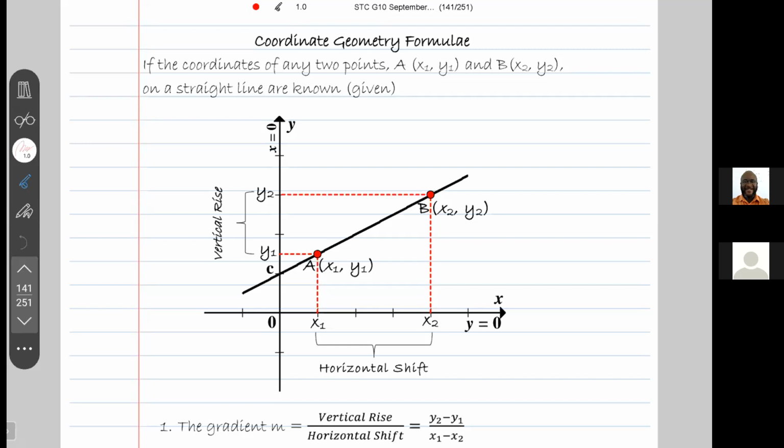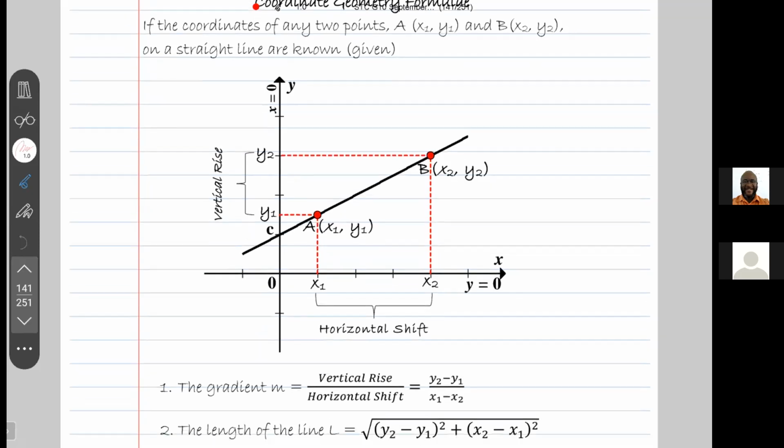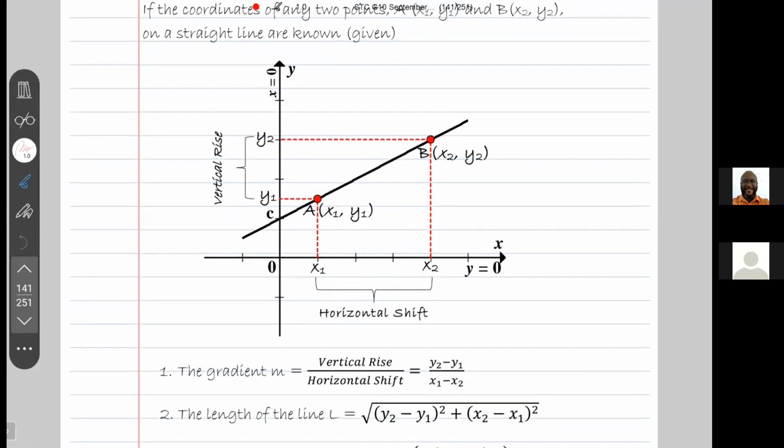Now, if the coordinates of any 2 points, A, which is x1, y1, and B, which is x2, y2, on a straight line are known or are given, the gradient of the line M is vertical rise over horizontal shift.